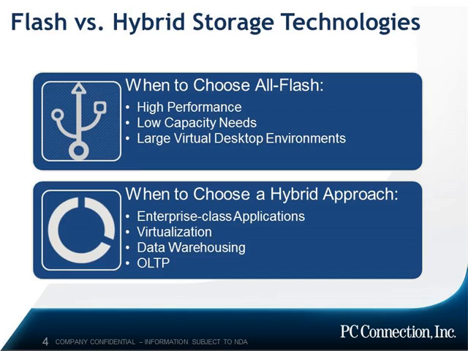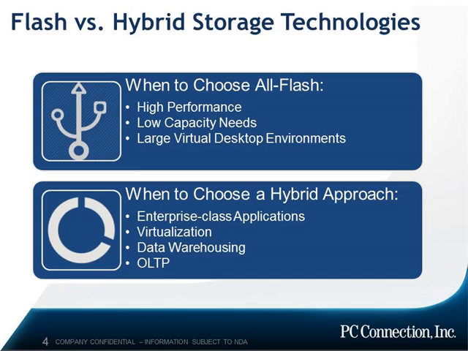Can we give an example of what type of workloads might be appropriate for the hybrid approach? Absolutely. With hybrid flash, the bulk of enterprise class applications are a good fit. These are things like virtualization, data warehousing, file, and any kind of OLTP application. Those would all be great fits for hybrid flash.